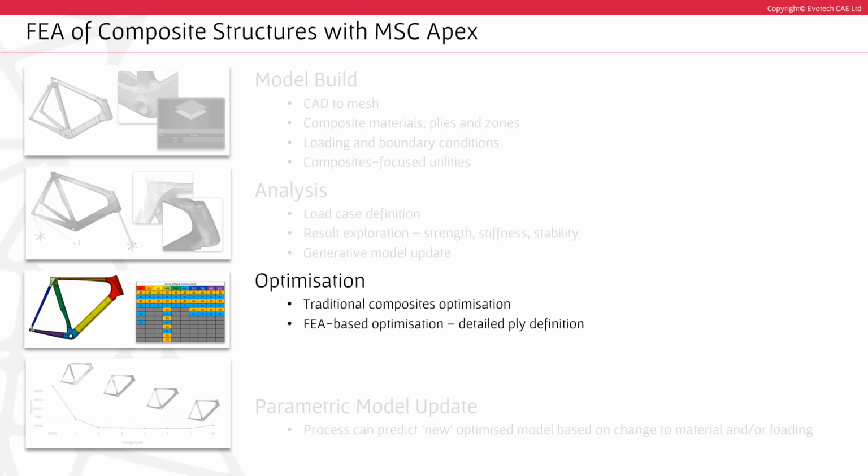So with this workflow that we're looking at, we're focused on an FEA-based optimization, whereby we can look at detailed ply definitions. So there are many different optimization techniques from an FEA perspective, looking at things like generative design and topology optimization, where we're looking at an overall shape distribution. Things like topometry, which look at different thickness maps over a given structure, and then sizing algorithms, which are used to look at specific properties in the model.